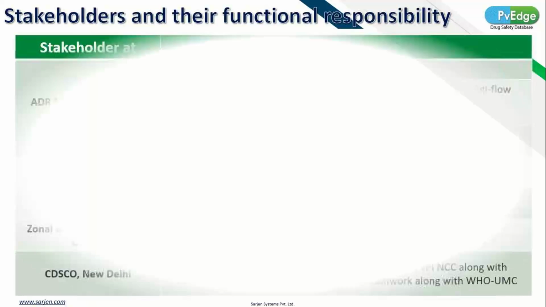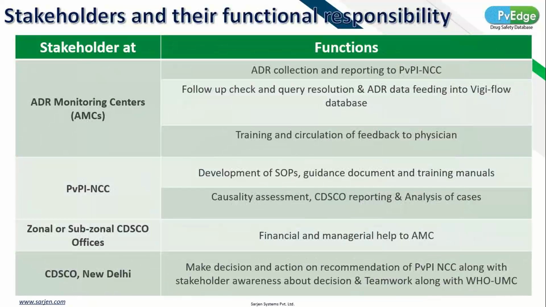Further to this, there are several important stakeholders at the regional, national and zonal levels which are collecting and analyzing the data. At the level of AMC, the primary functions are ADR collection and reporting to PvPI NCC, follow-up, check and query resolution, and ADR data feeding into the VigiFlow database. So the UMC database data entry is the primary task.